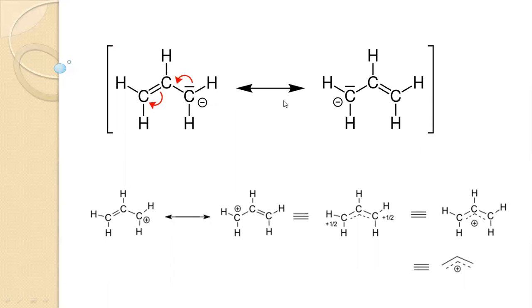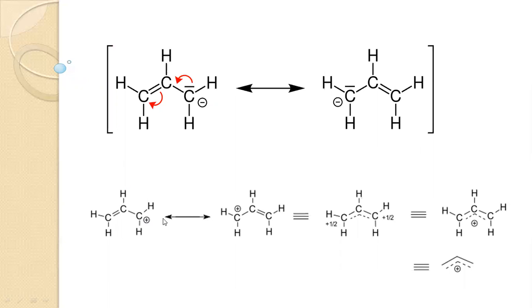Whereas in another example, when one of the protons is removed from here, it creates a positive charge on this carbon. As there is a positive charge, meaning less electron density, the pi bond is delocalized onto the next carbon atom, and that carbon becomes positively charged. These are less electron density regions, and therefore again the shifting of the pi bond takes place, which creates a positive charge on another carbon atom.